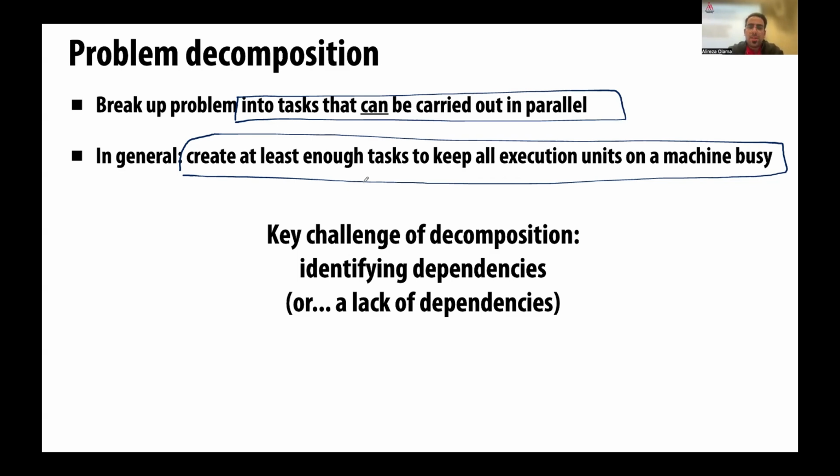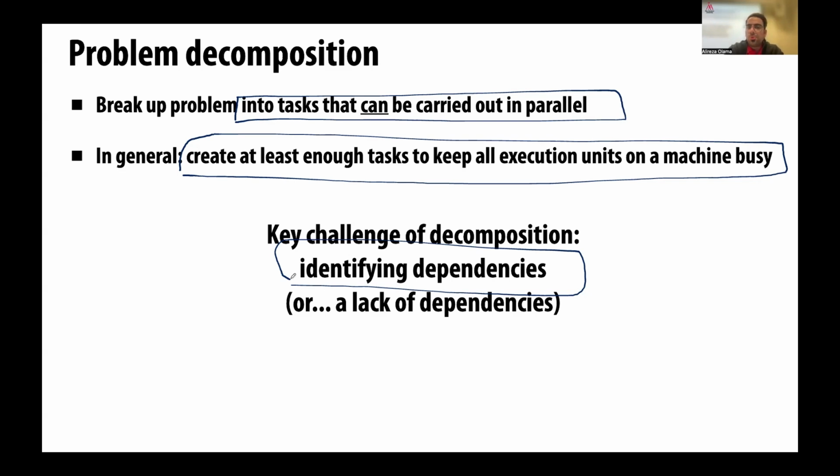So you should keep that in mind. But the key challenge here in the decomposition is identifying the dependencies, right? Because in so many applications, some tasks depend on other tasks, which means if you want to execute, for example, task B, you have to finish the execution of task A before B. So it ruins the parallelism, right?